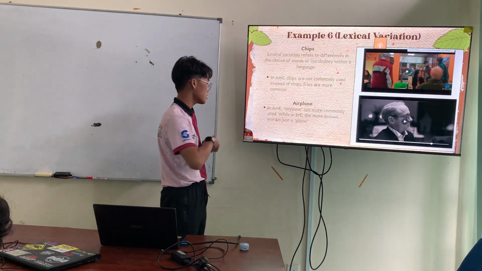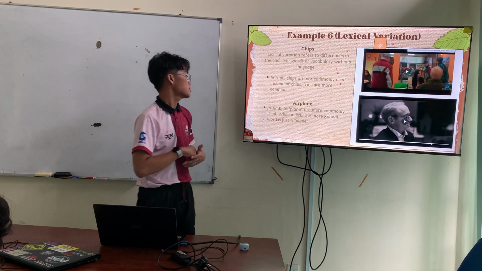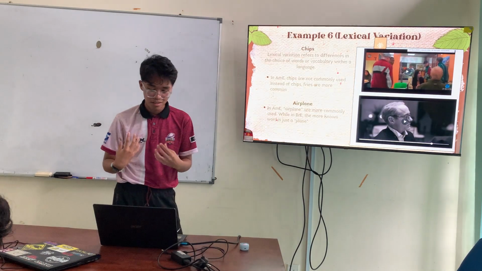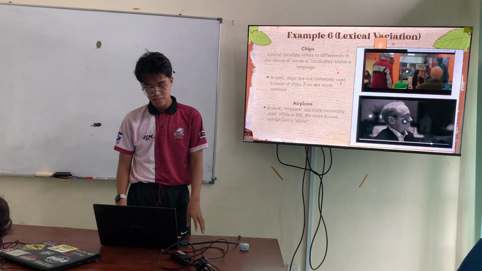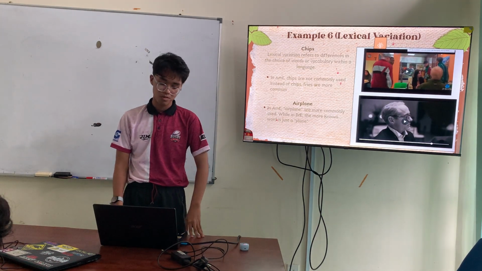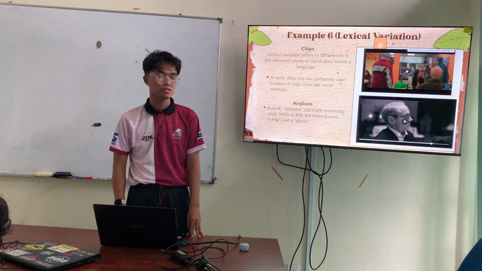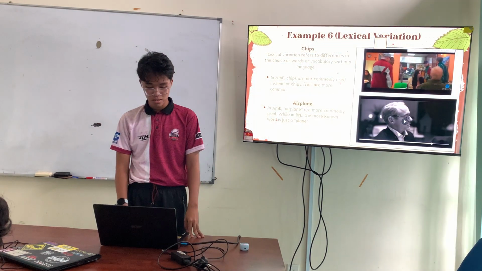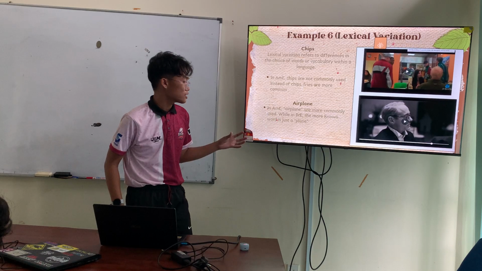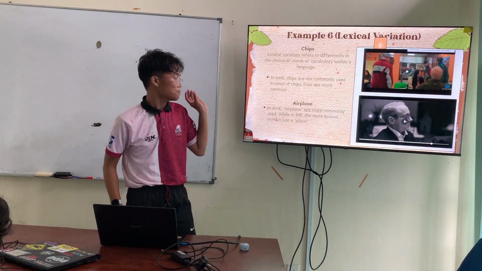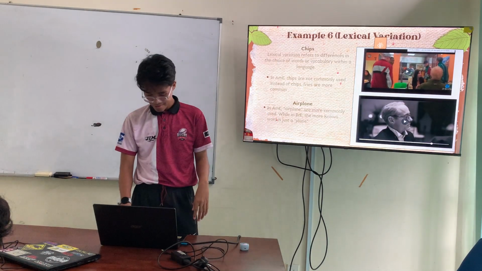The British don't refer to it as airplane, they just call it plane. And Americans will usually refer to it as an airplane. So that is one of the examples of lexical variation, which basically refers to differences in the word, but it means the same thing.